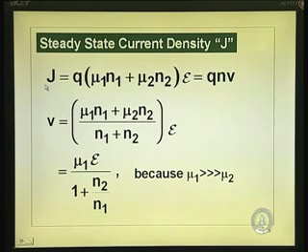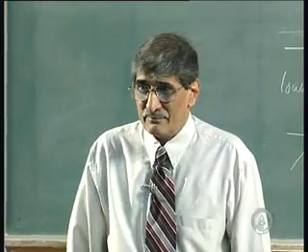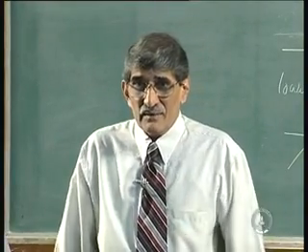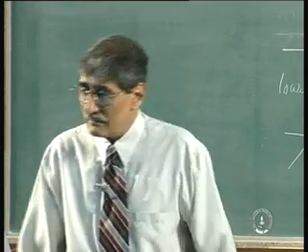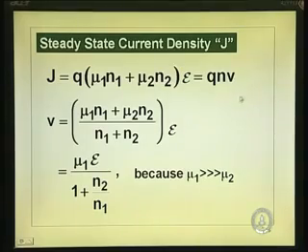So the total current density can be put as q into the total electron concentration into the total effective velocity, the combined velocity. All of them are moving with the same velocity. Therefore, velocity is equal to J, which is this quantity, divided by q n.